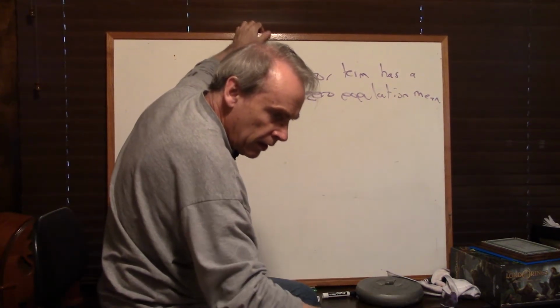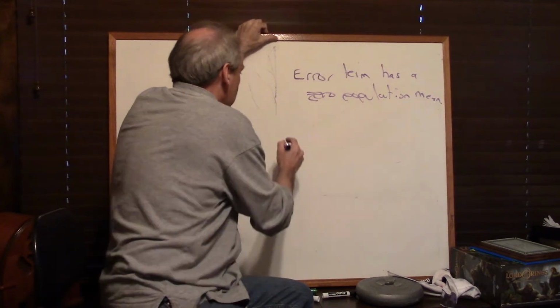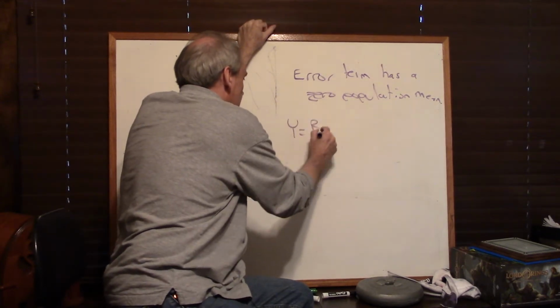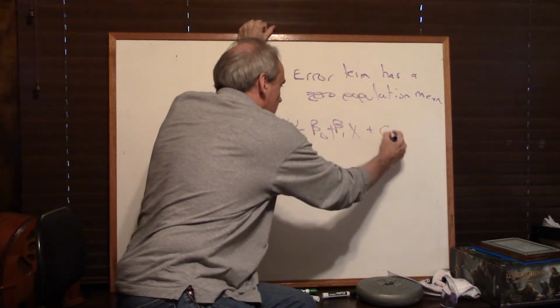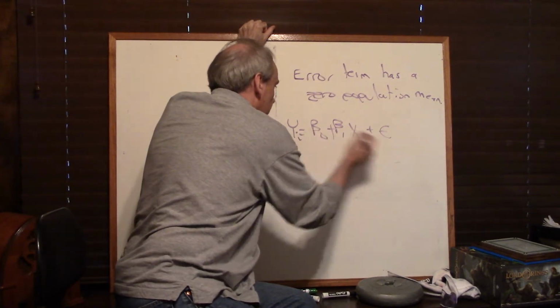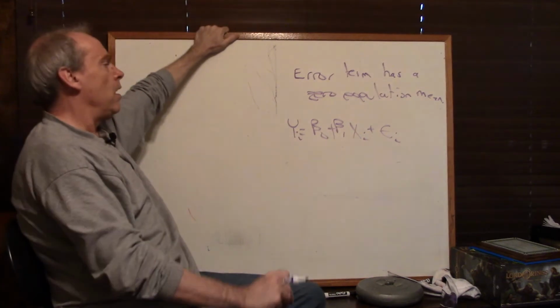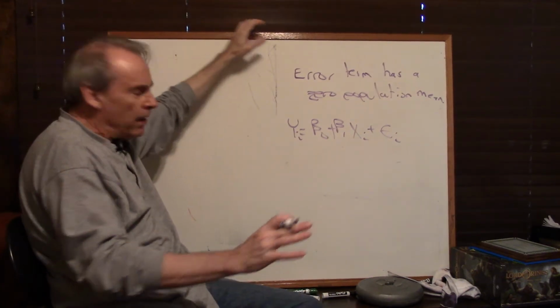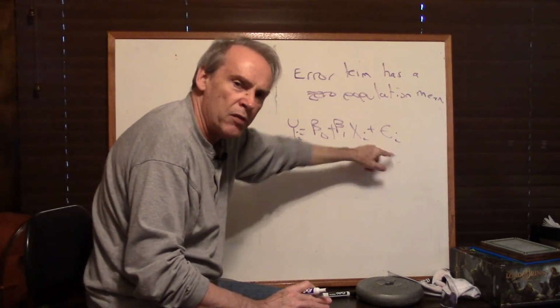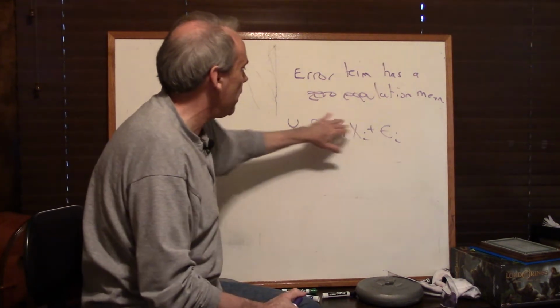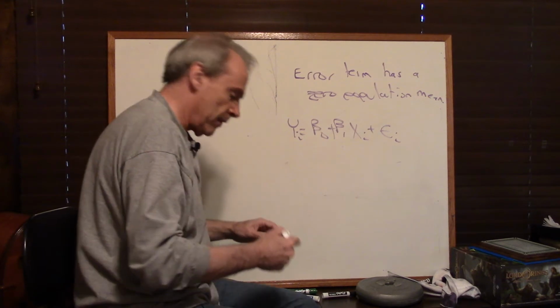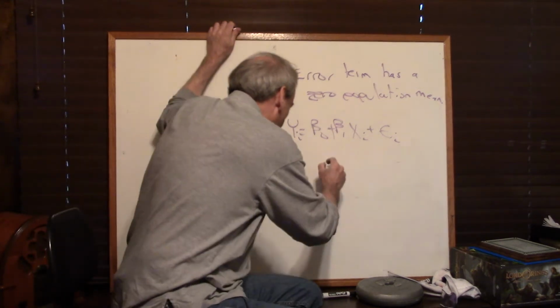Let me find it. Yeah. Let's say we've got y is equal to beta sub 0 plus beta sub 1 x plus the error term. All right. Remember, this is supposed to have an average of 0. Otherwise, this relationship here isn't really defining the phenomenon we're studying.